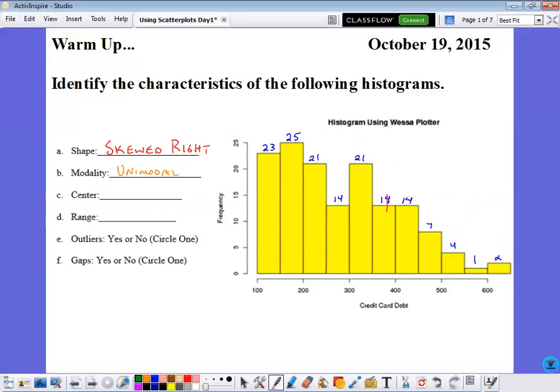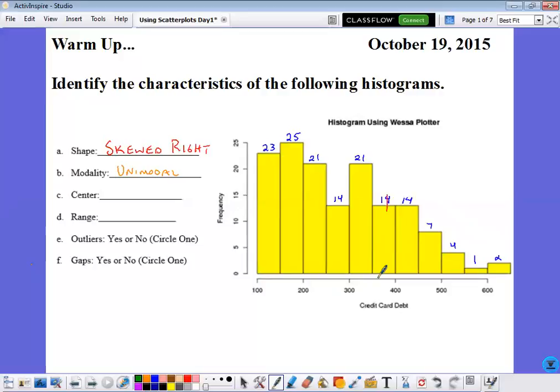Now, range is really similar to what we've already dealt with as far as a biggest number to a highest number. If we look at this histogram, each of our columns represents an interval of 50. We have 100 to 150 to 200 and so forth. And remember that these are symbolizing beginnings.